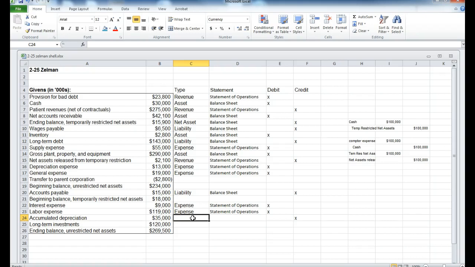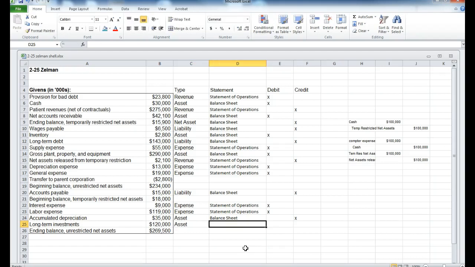So at the end of the period, our PP&E balance on the books is 290 less 35,000. So again, this is a contra asset. I'm going to list it as an asset because I'm going to sort these in a moment. We want to keep things together. So that's also on the balance sheet.